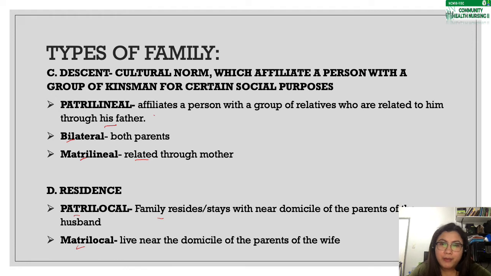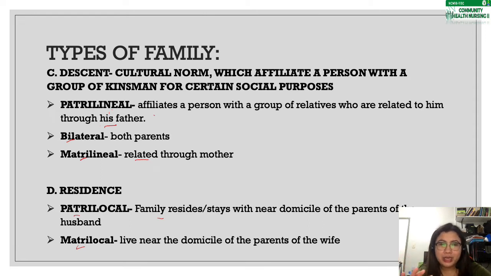Now, we have the type of family according to descent. We have the patrilineal, the bilateral, and the matrilineal. The patrilineal affiliates a person with a group of relatives who are related to him through his father. I am related to my father's side. That's patrilineal.